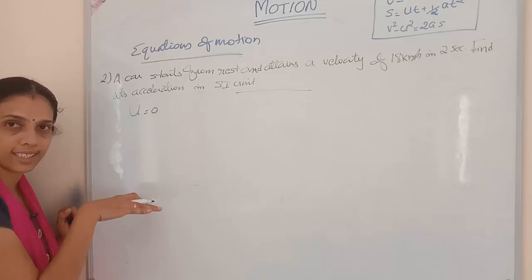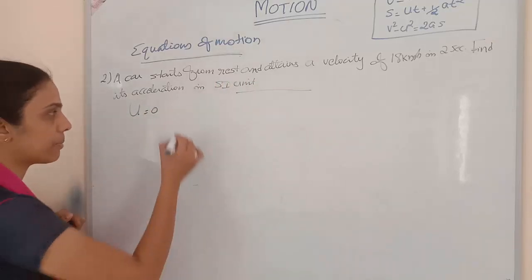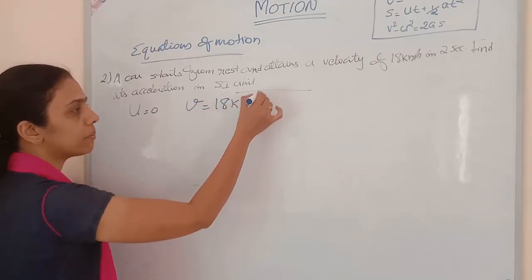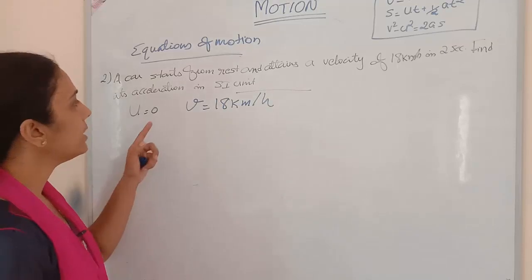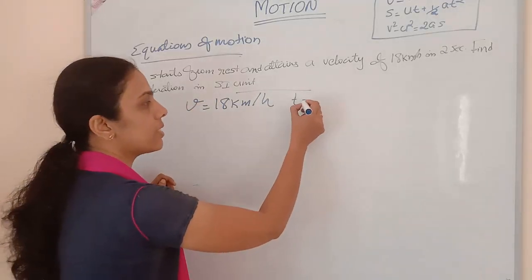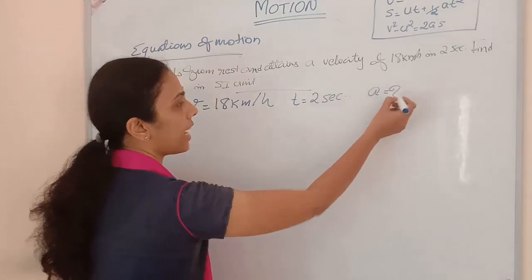Initially it was at rest. And attaining a velocity of 18 km per hour, that means final velocity is 18 km per hour. Find its acceleration in 2 seconds, so t is also given as 2 seconds. Find its acceleration in SI unit.